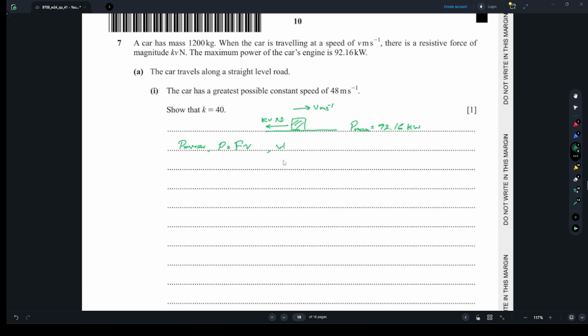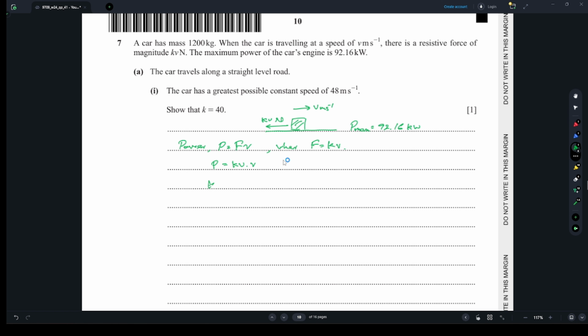And in this case the force, because here they say that it has a greatest possible speed of 48, and here they say the traveling speed and resistive force is this one. So in this case we can write F equals kV, as they gave us, so we can write power equals, instead of force, kV times V.